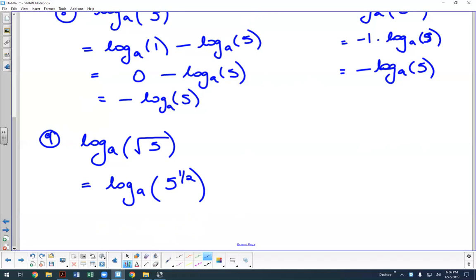To rewrite that square root of 5 as 5 to the power of 1/2, and then again using that power rule, bring that 1/2 to the front. Okay. Log of square root of 5 with base a will become 1/2 log of 5 with base a. Questions on these 3 examples?